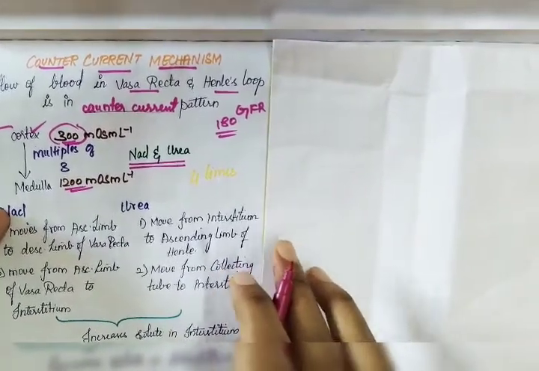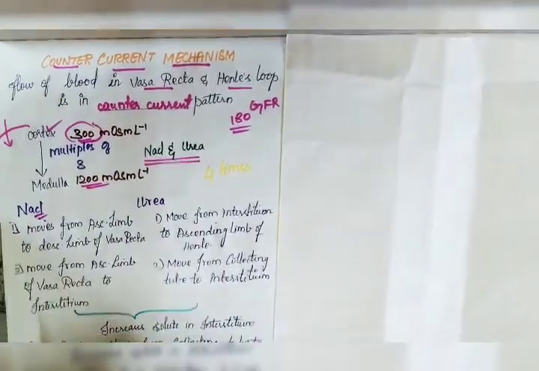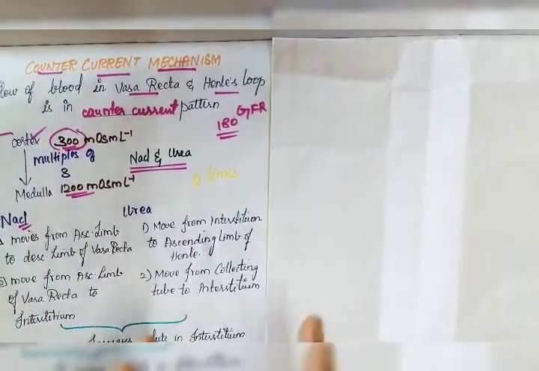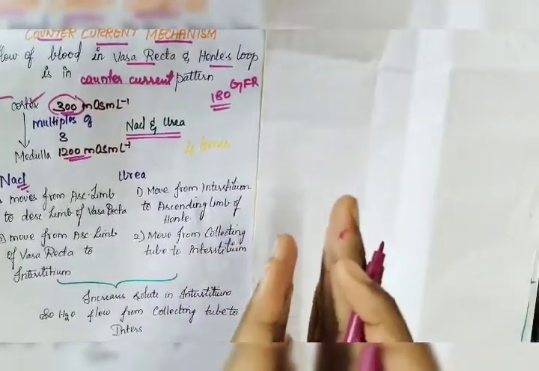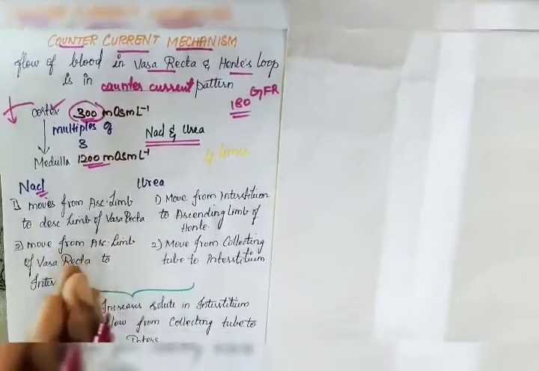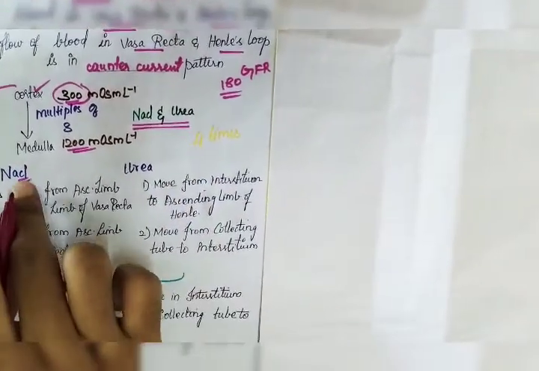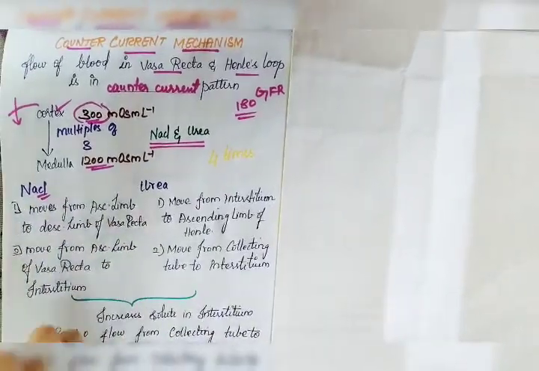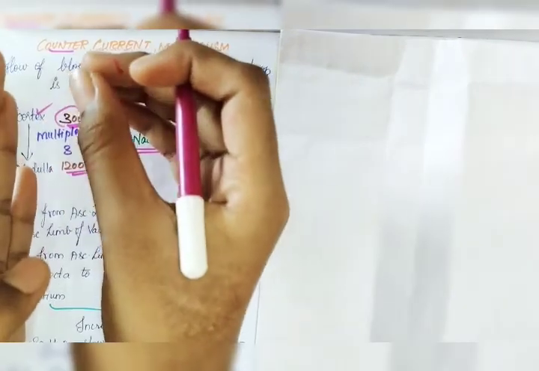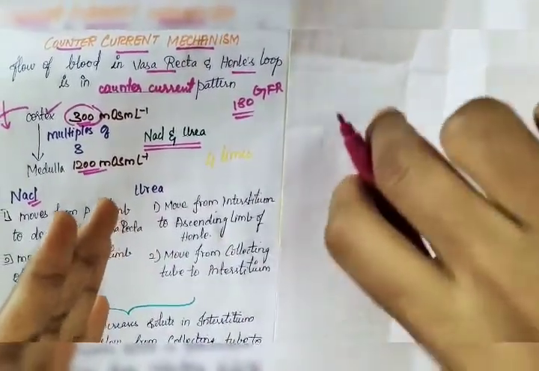How? First we will deal with sodium chloride. The sodium chloride moves from the ascending limb of Henle's loop to the descending limb of the vasa recta. Please note this. The first step: after the filtrate reaches from the proximal convoluted tubule to the descending limb, it moves to the ascending limb.